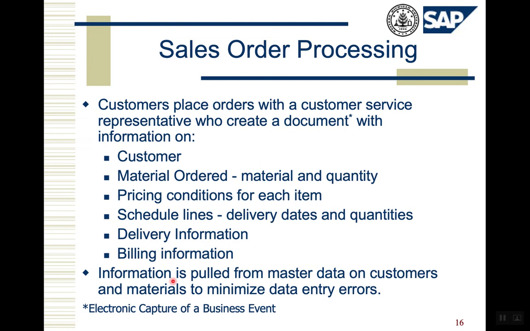What quantity is going to be shipped, and what is the ETA, delivery information, and then billing information. All of this different information in the ERP system comes together to create this document. The terminology here: a document is the electronic capture of a business event.